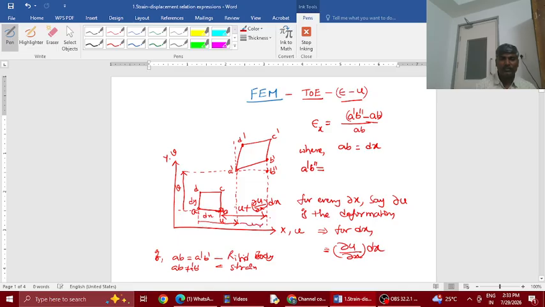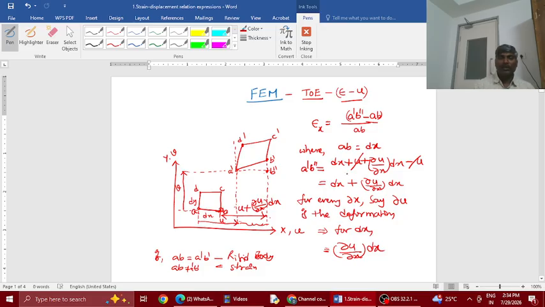If you do, you will get A dash B double dash value, which means dx plus u plus dou u by dou x into dx, where this is total distance minus u. As u cancels out, it is simply dx plus dou u by dou x into dx.